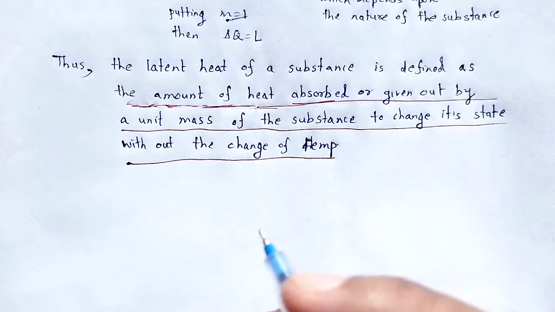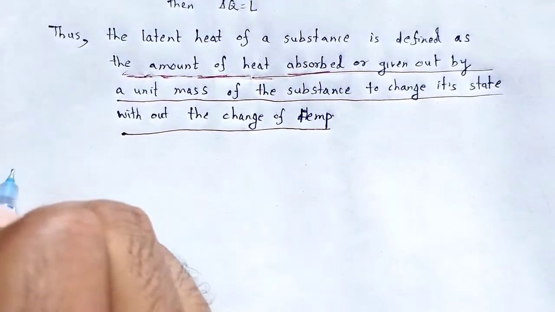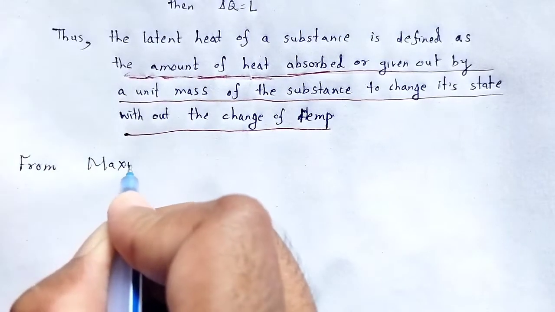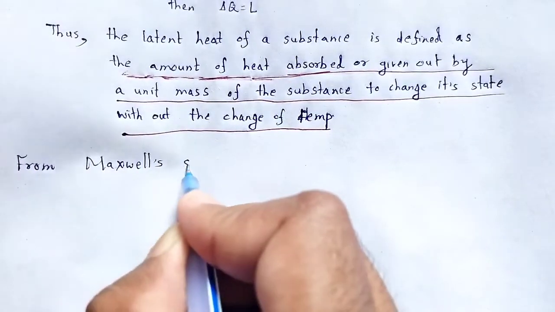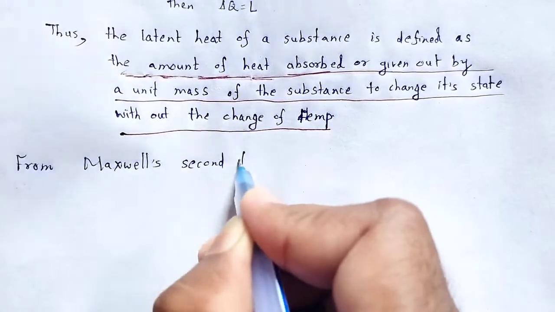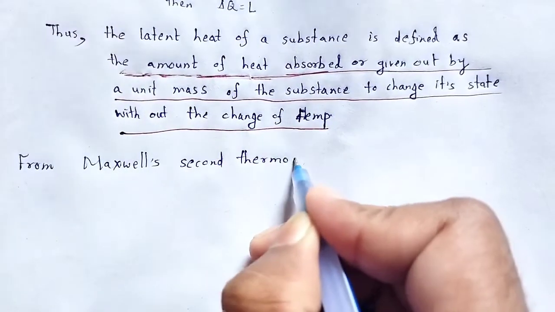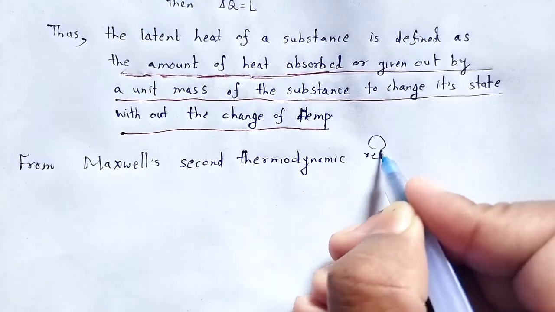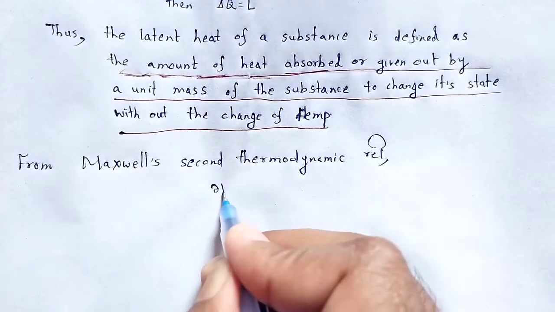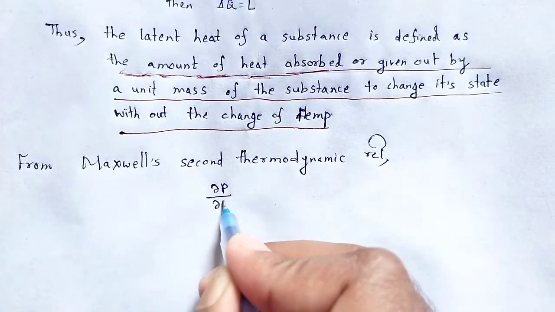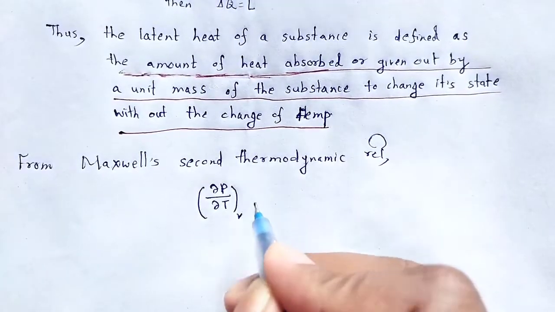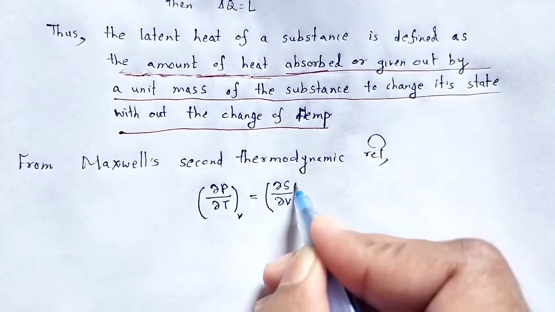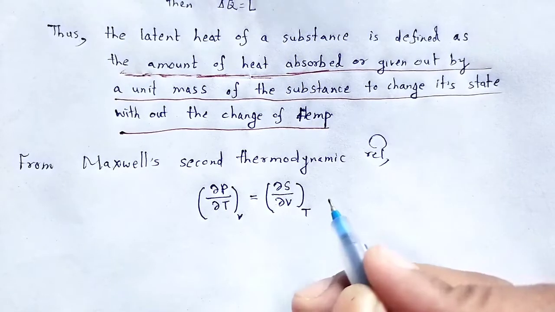From Maxwell's second thermodynamic relation, that is del P by del T at constant volume is equal to del S by del V at constant temperature.